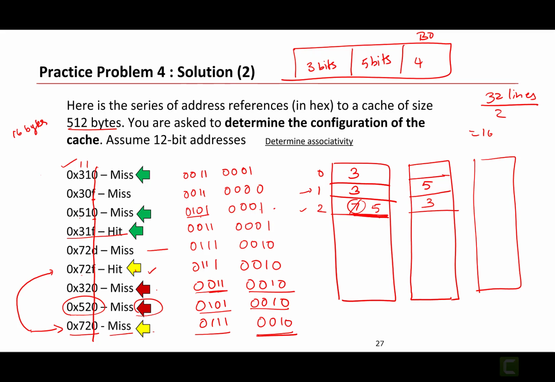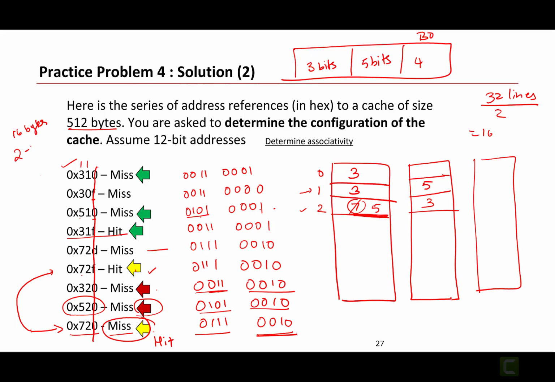You can go through this exercise and figure it out by yourself. You'll see that in a four-way set associative cache, this access would turn out to be a hit, and that would be a contradiction. So from that exercise, we can get more confidence that the cache in the given problem is two-way set associative.